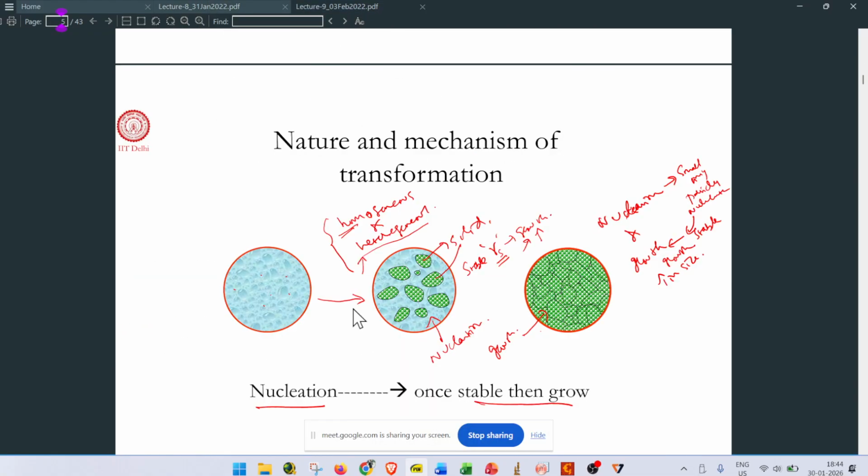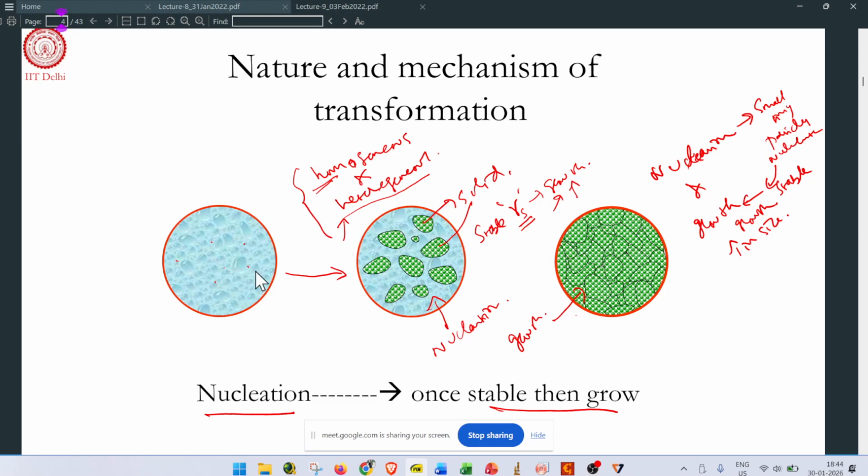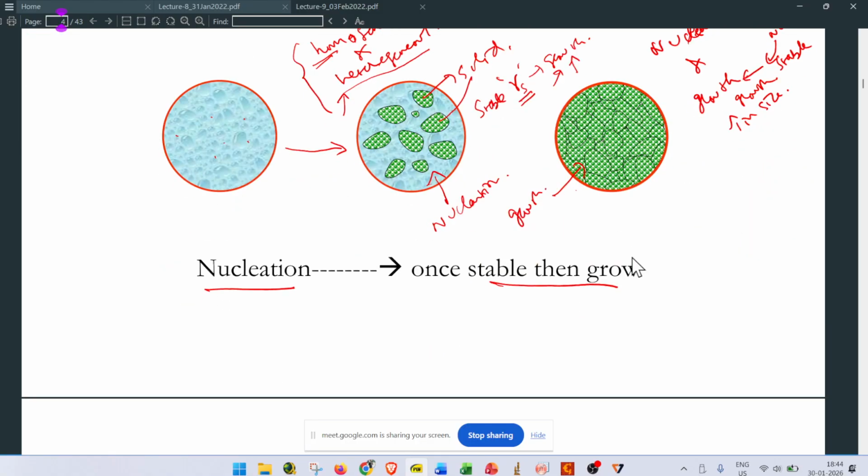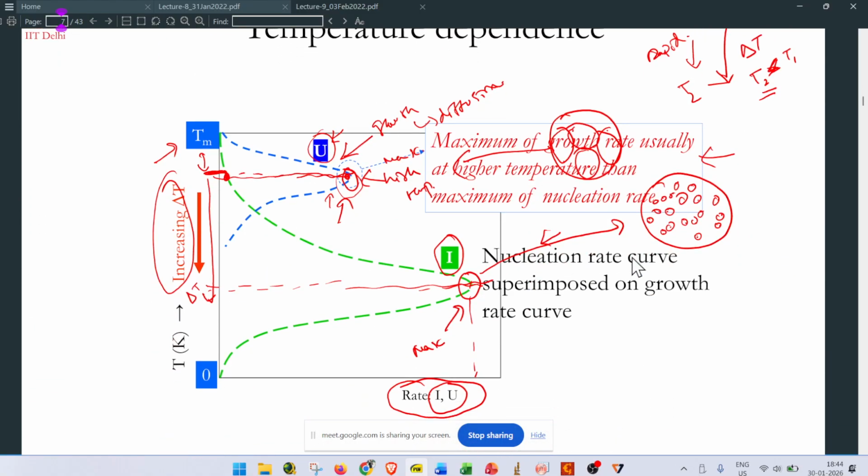So now we can see, once we are in the liquid state, nucleation starts and then the nuclei grow to form grains. Here you can see the nucleation rate and growth region. At a lower temperature, below the melting point, the nucleation rate will be much higher. At higher temperatures, if we hold for much longer, the growth will be much higher.